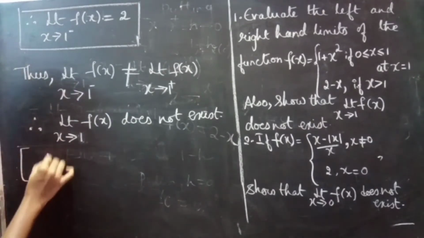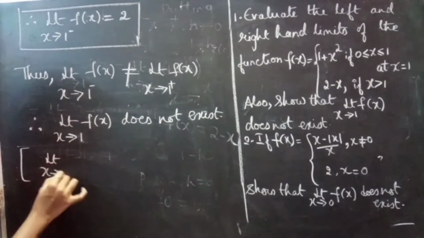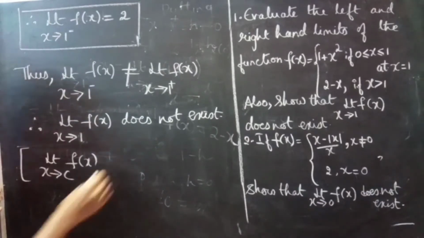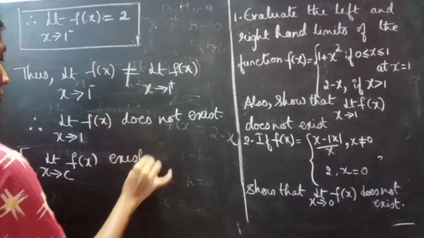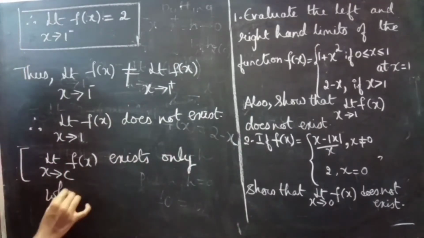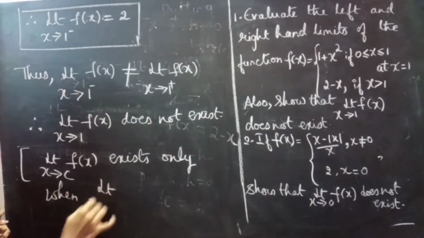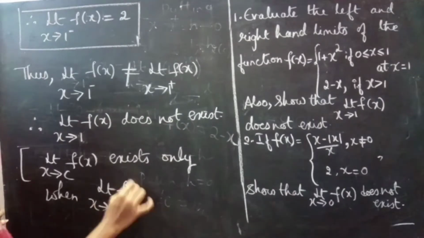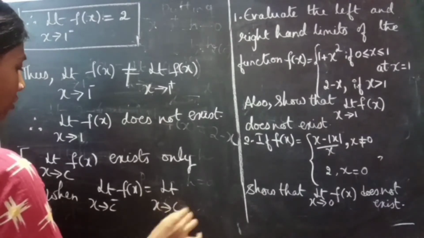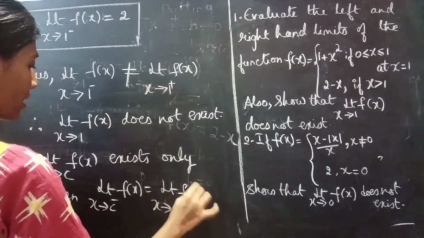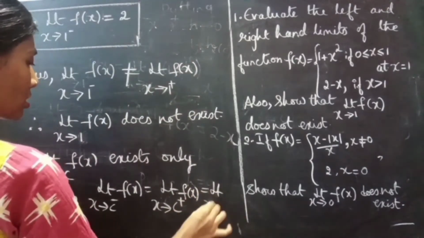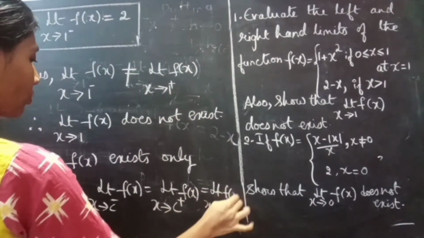So the reason behind this is, we know that limit x tends to some c, f of x exists only when limit x tends to c minus f of x equals limit x tends to c plus f of x equals limit x tends to c f of x.